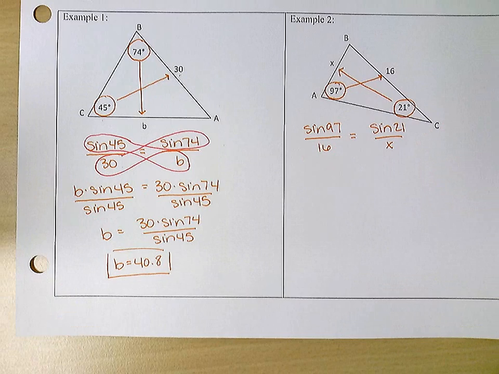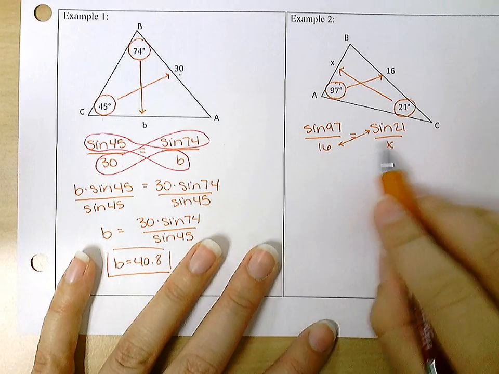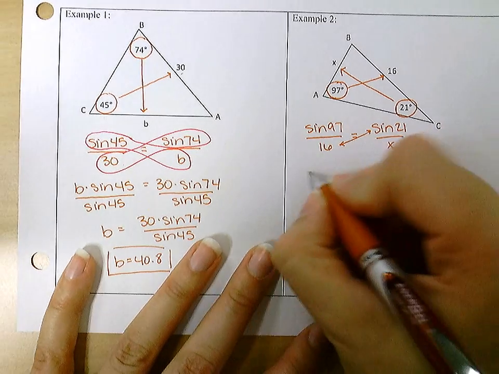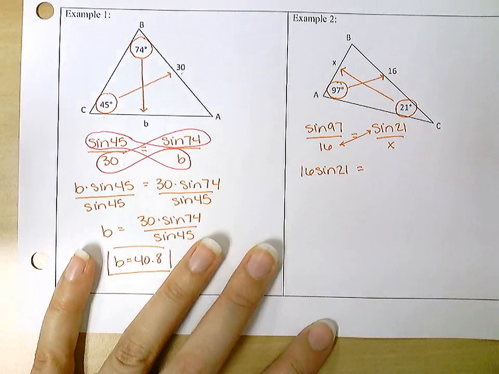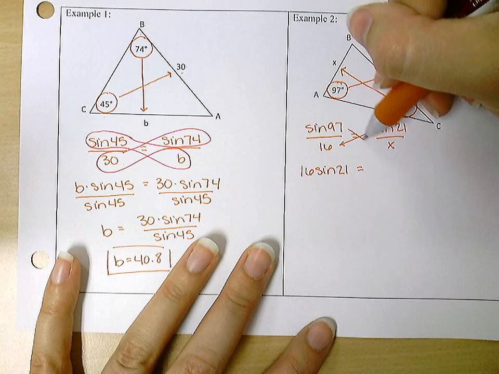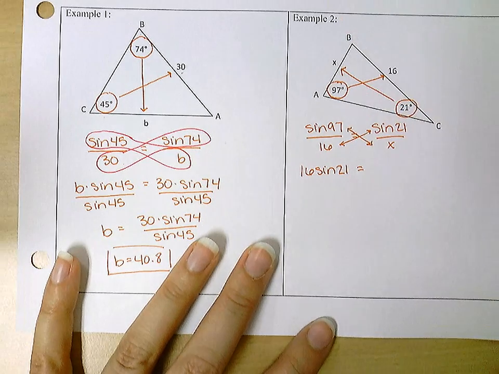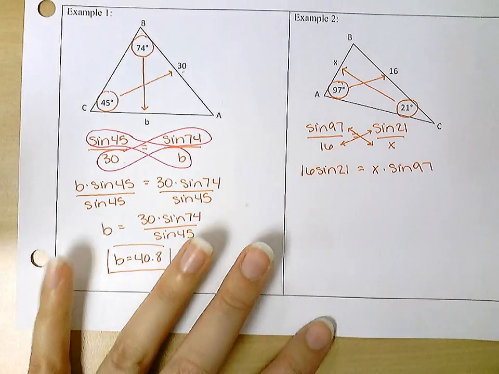Okay, and then we solve the same way. So we're going to cross multiply. So multiply here, 16 times the sine of 21. Make sure to add in your equal sign, and then multiply across again. So we have x times the sine of 97.